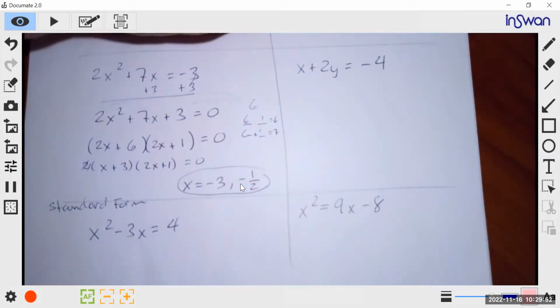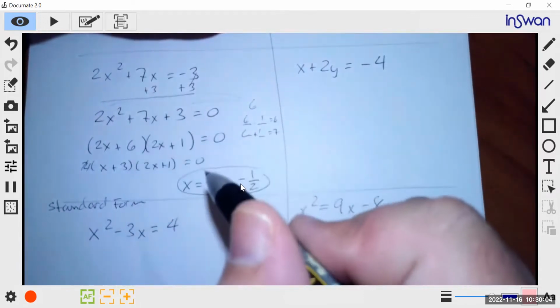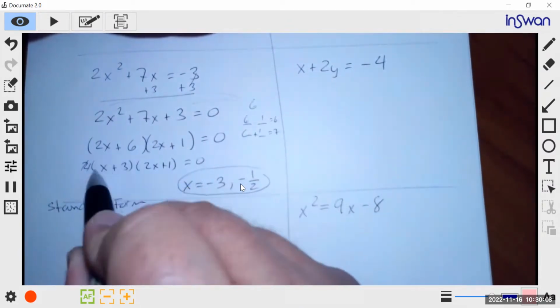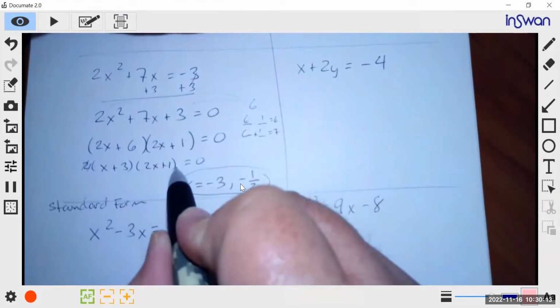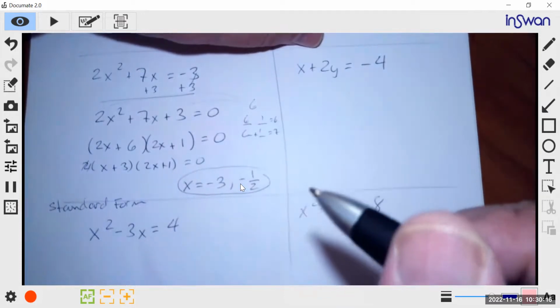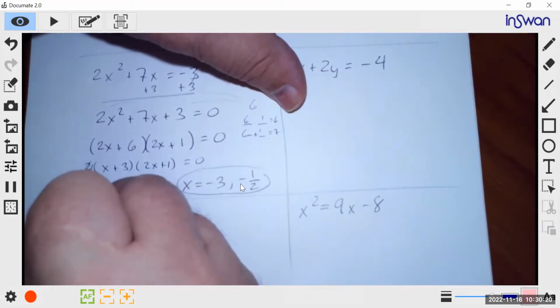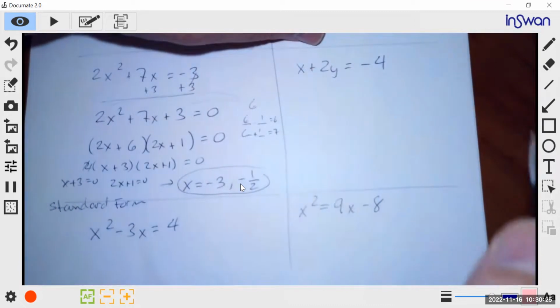Your answer should be -3 and -1/2. Because what times what is 6? When you add them, you get 7, 6 and 1. The first parenthesis, they have a 2 in common, so I take out a 2, so I have x plus 3, 2x plus 1. Set them both equal to 0, solve for x. You get these answers.